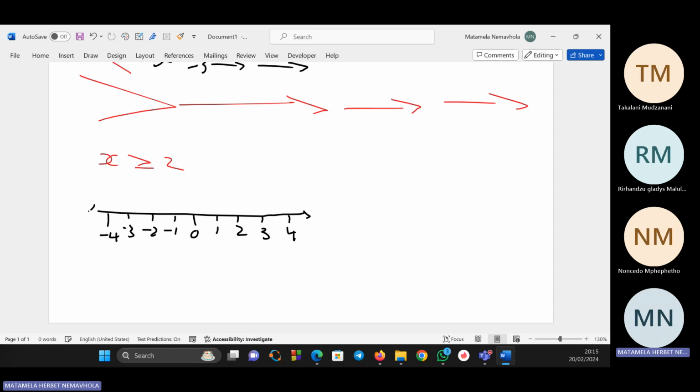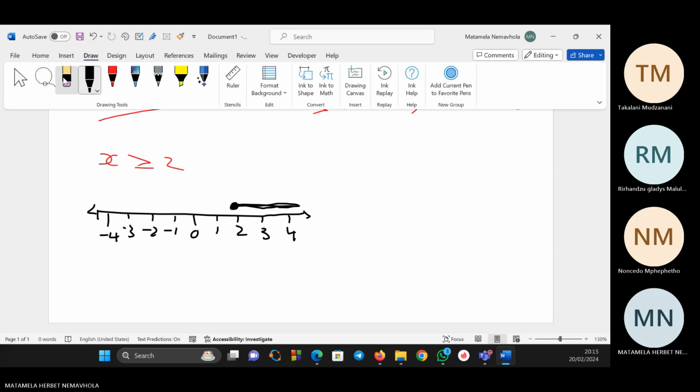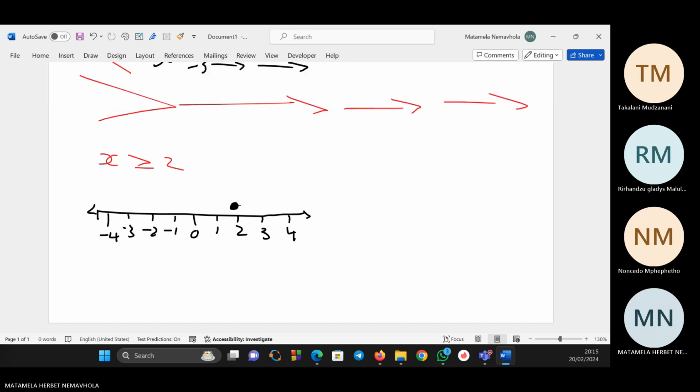Then for your x is greater than 0, you put your point there, you shade, then you draw a straight line. Then you are done. You have drawn a number line. That's the number line that we are talking about.